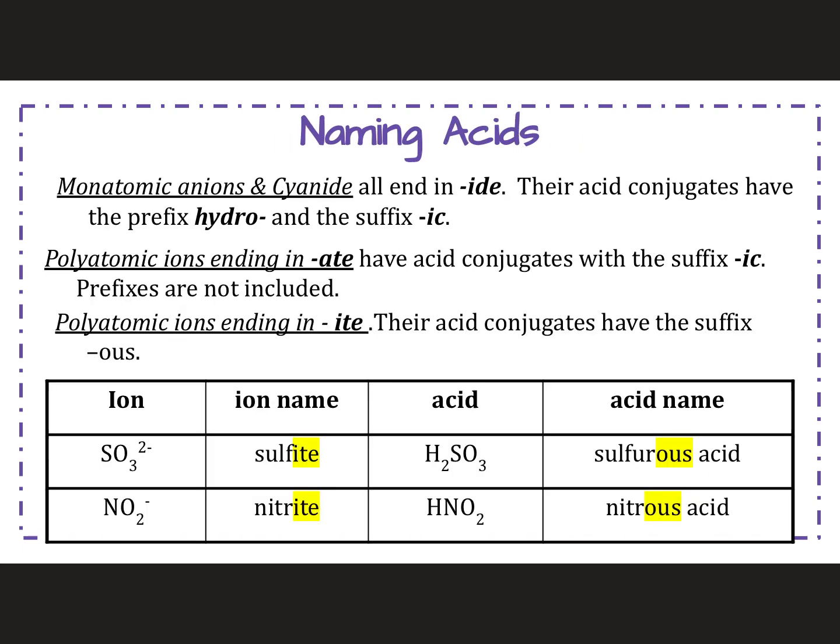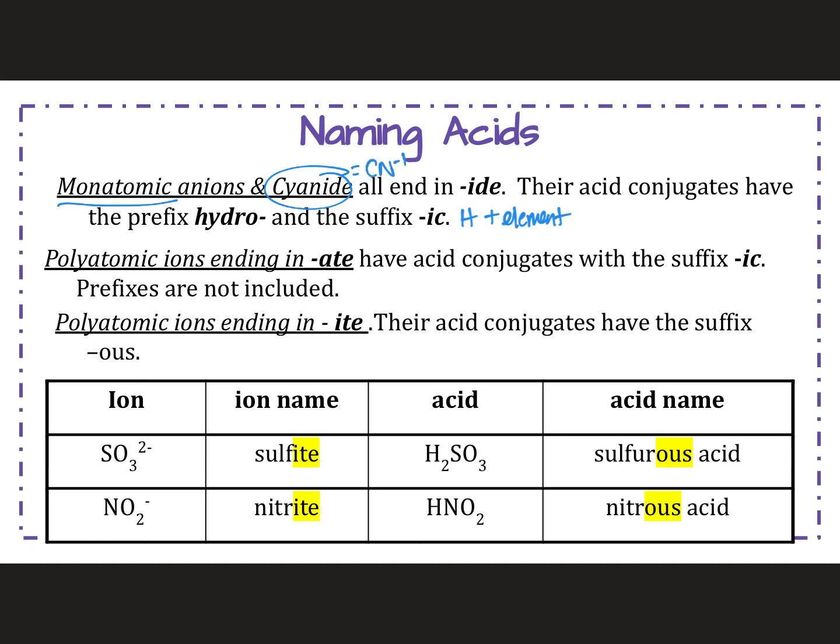All right, next up, we're going to be talking about different types of acids. The first kind is known as a monatomic acid. Monatomic acids are going to be hydrogen plus one other element. The exception, of course, being with cyanide, which is a polyatomic that has a -1 charge.